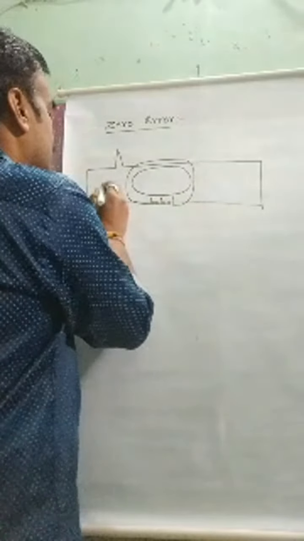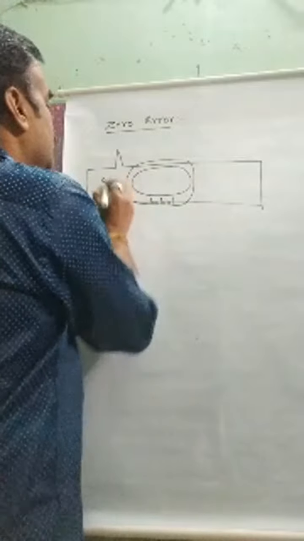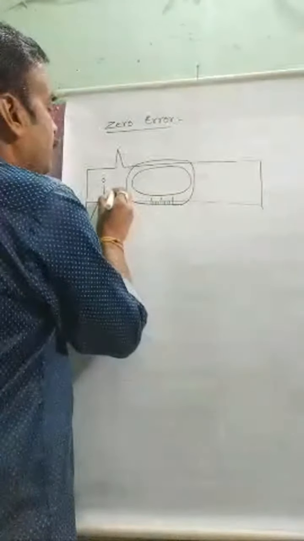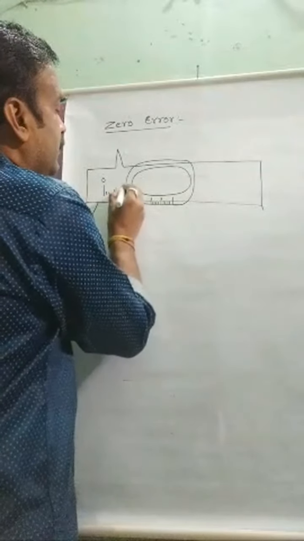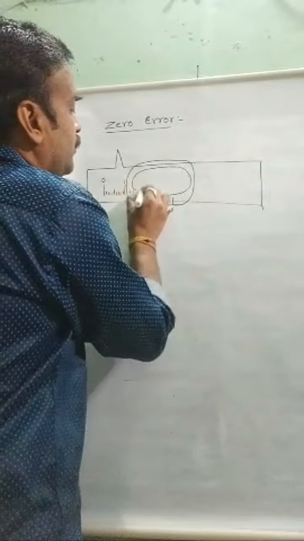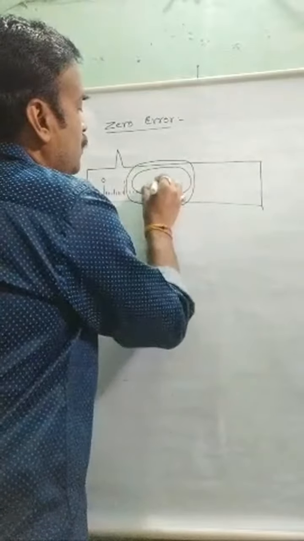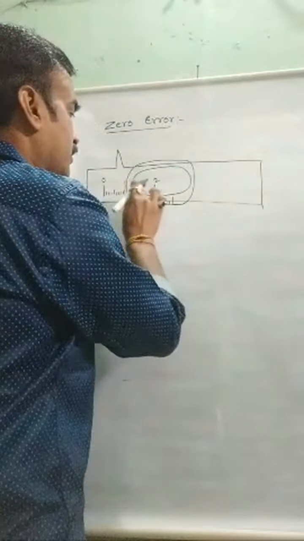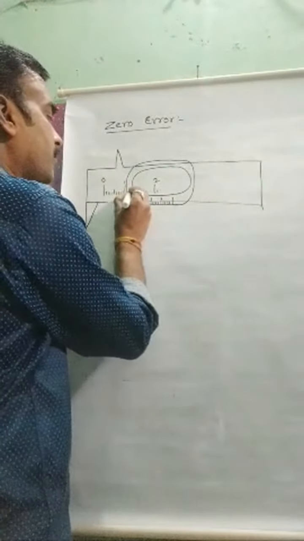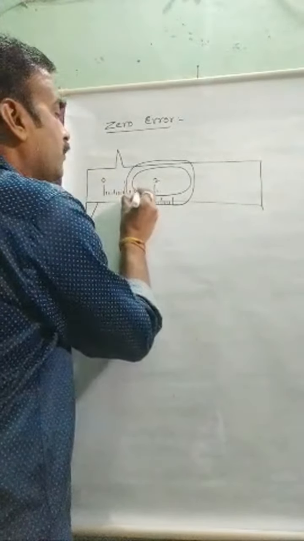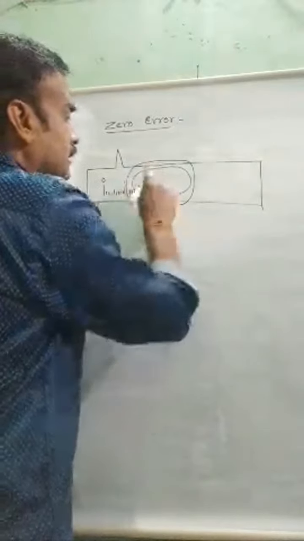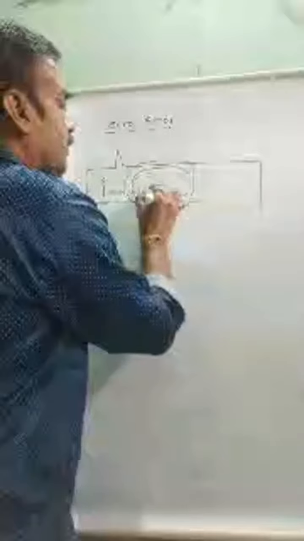Here 0. Main scale: 4, 5, 6, 7, 8, 9, 10. Here also some divisions will be there, and 1, 2, 3, 4, 5, 6, 7, 8, 9, 10.